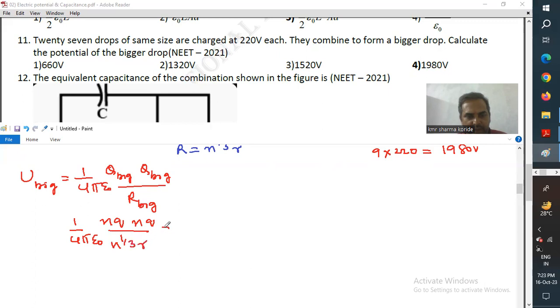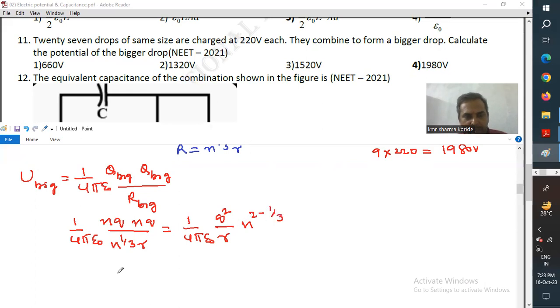So this is going to be 1 by 4 pi epsilon naught, Q square, you get Q into Q, and you just continue to have r here. N to the power of 2 minus 1 by 3 you get.